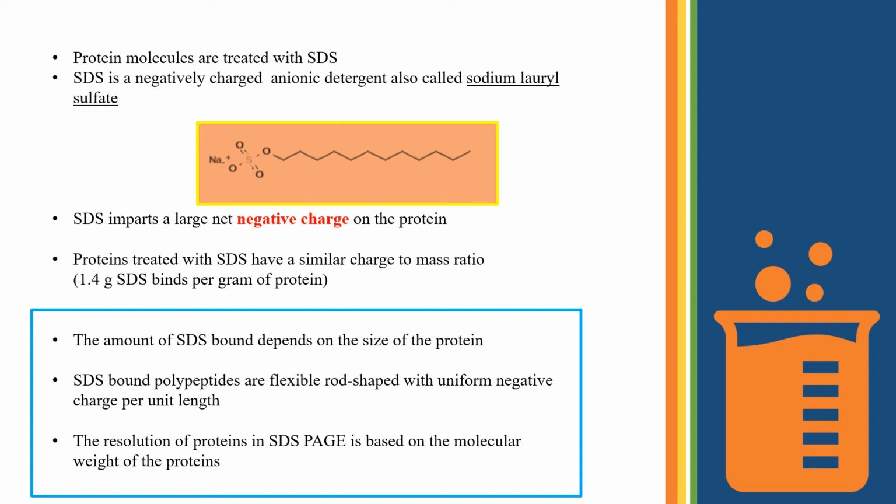Proteins treated with SDS have a similar charge to mass ratio, because approximately 1.5 gram of SDS binds per gram of protein. The amount of SDS bound depends upon the size of the protein: the larger the protein, the more SDS is bound. The SDS-bound polypeptides are flexible, rod-shaped, with uniform negative charge per unit length.